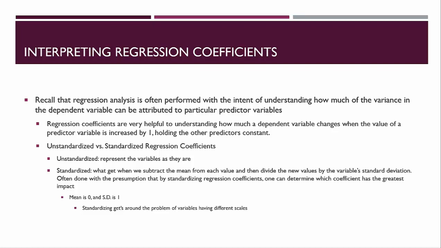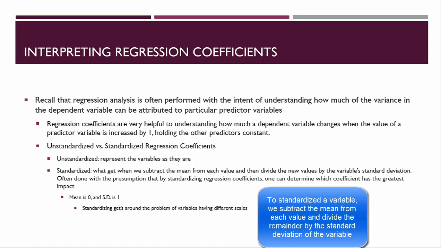And so researchers will often standardize the predictor variables. We can standardize variables by subtracting the mean and then dividing the new value by the variable's standard deviation. So it's going to result in a mean of 0 and a standard deviation of 1 for a variable.